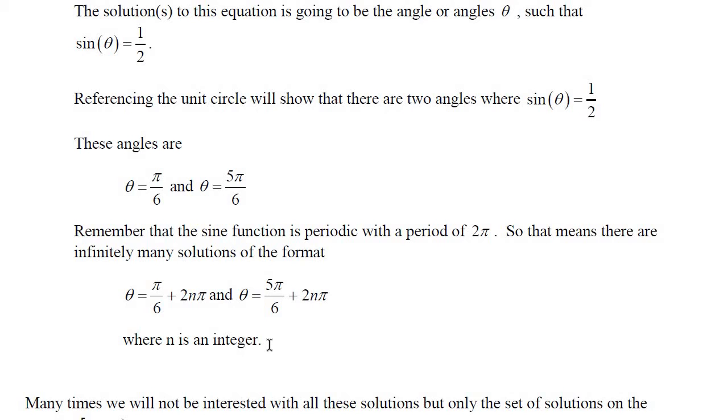Sometimes they're going to ask you for all the solutions, in which case you have to construct this base solution of pi over 6 plus 2n pi, which is n times the period, and then this other base solution, theta equal to 5 pi over 6 plus 2n pi, the period times n.